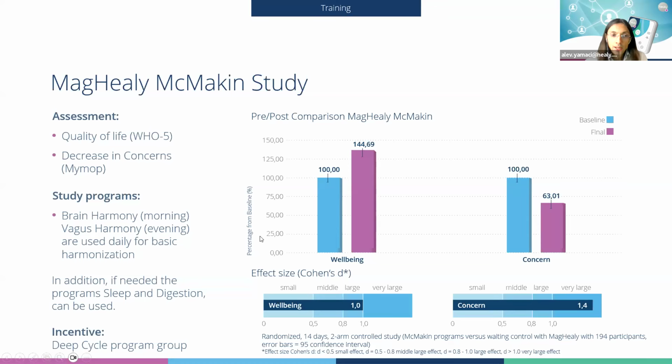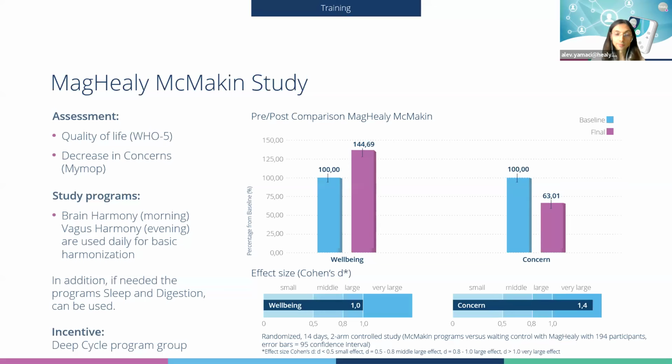And I really can recommend the brain harmony program, because this one is really harmonizing. If you are a little distressed or stressed out, or even to the point that you can't bear it anymore, use the brain harmony program.